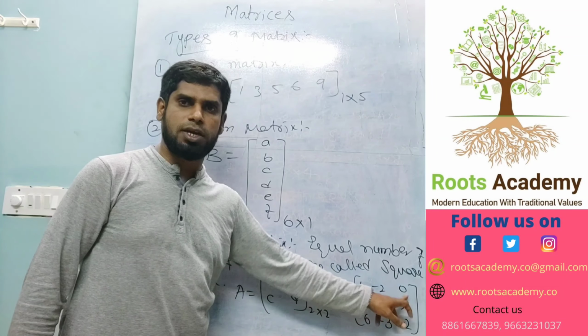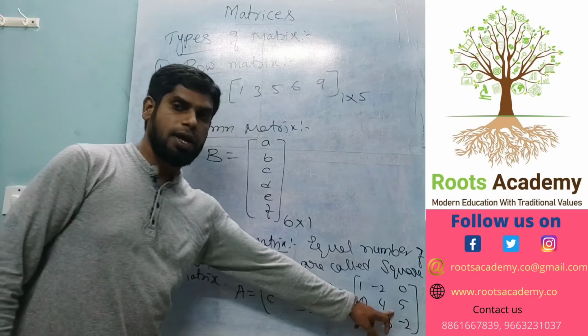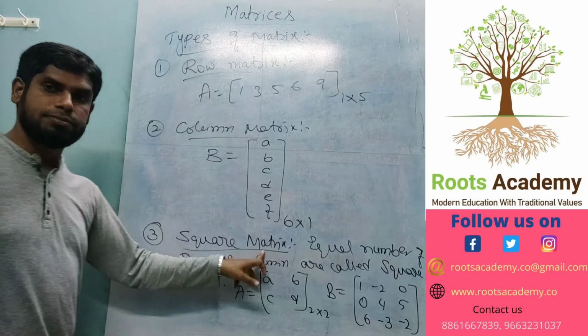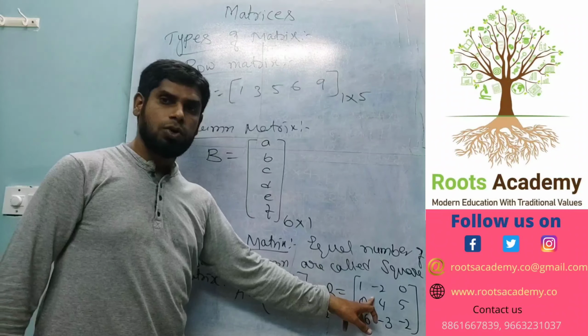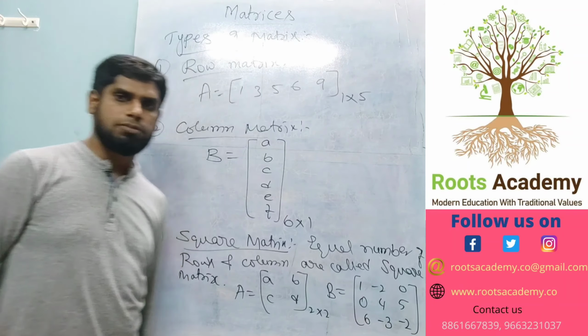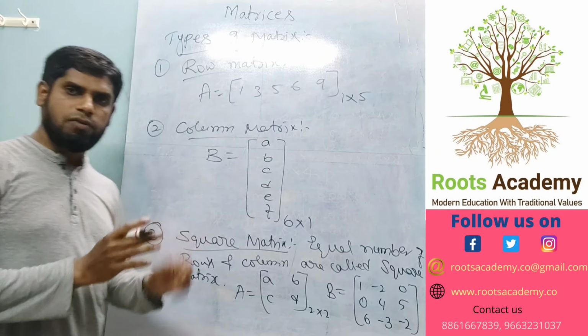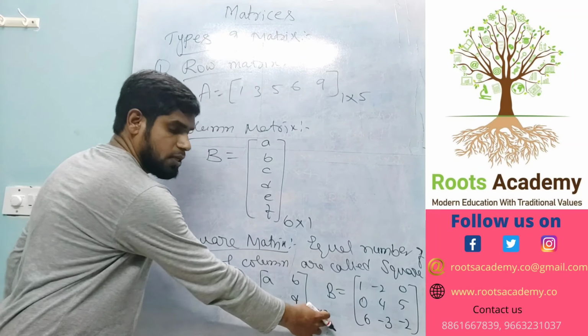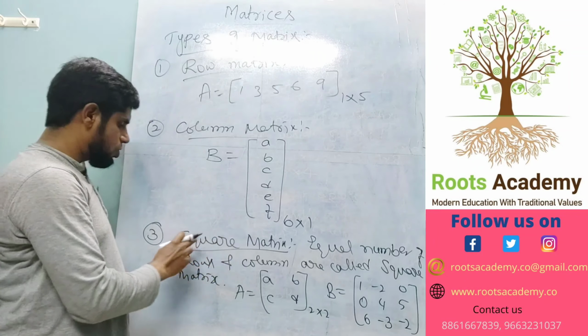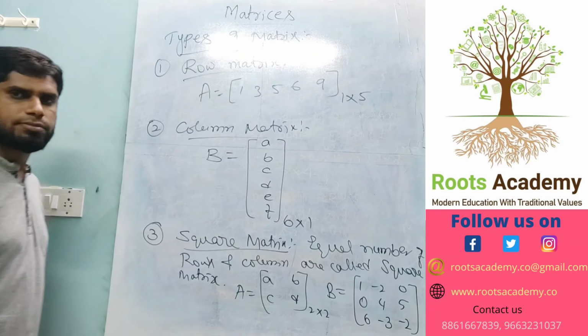Its order is 3 cross 3. So this is also called a square matrix because in this matrix rows equal columns. So whichever matrix it is, if the number of rows is equal to the number of columns, then we will declare that a square matrix.